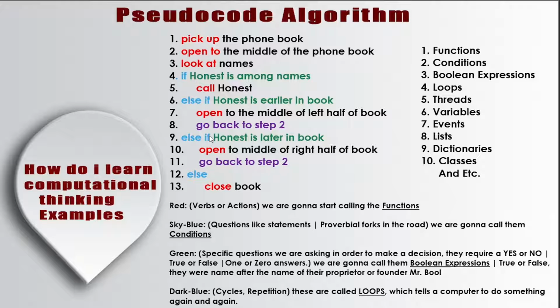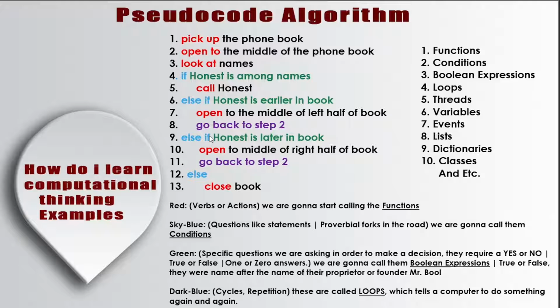So you say, pick up the phone book, and open to the middle of the phone book. Once you are at the middle of the phone book, look at the names there. Then you say, if Honest is among the names, then call Honest.